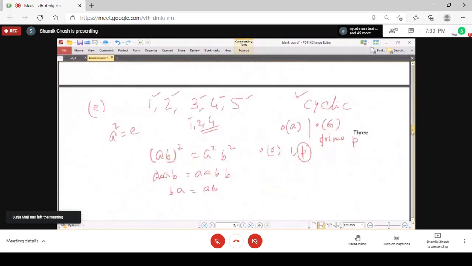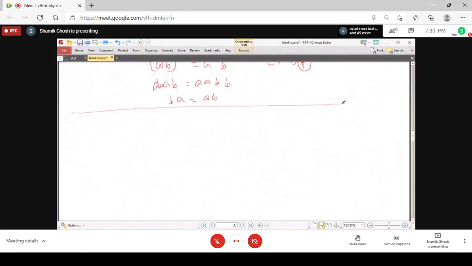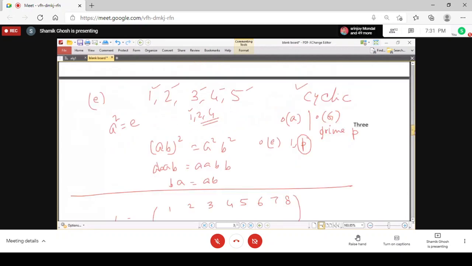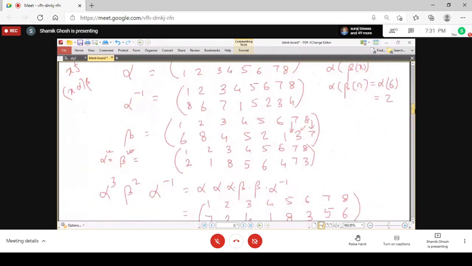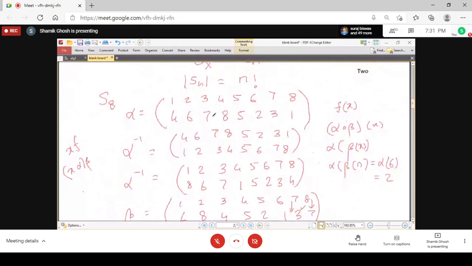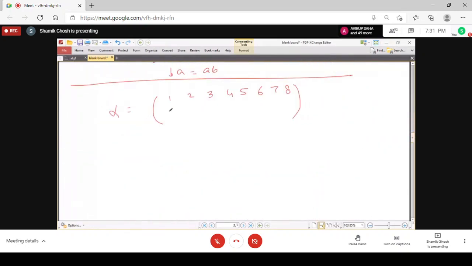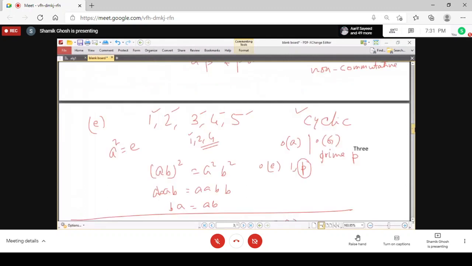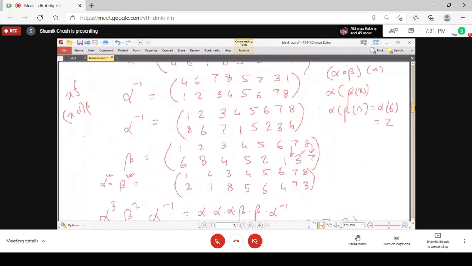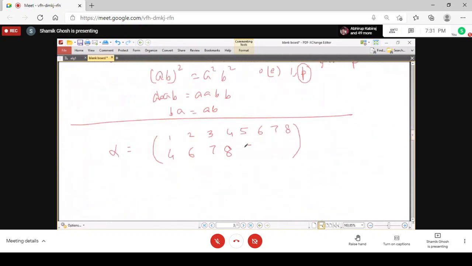Let us take this alpha again. 1, 2, 3, 4, 5, 6, 7, 8 map to 4, 6, 7, 8, 5, 2, 3, 1.